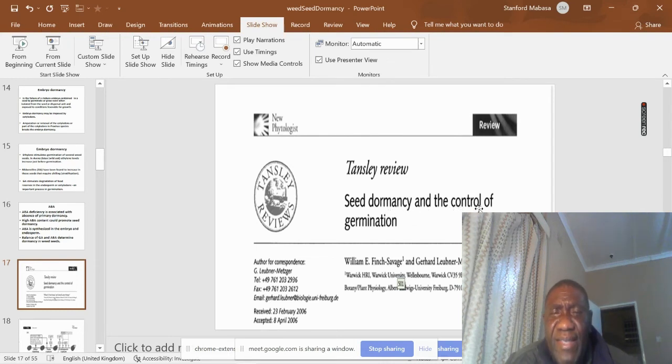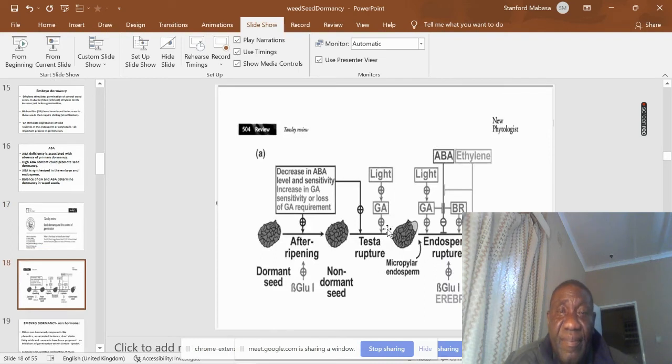We have this quite complex system where you have a seed which is dormant, and you have ABA and GA during the after-ripening period, causing the seed to be non-dormant.